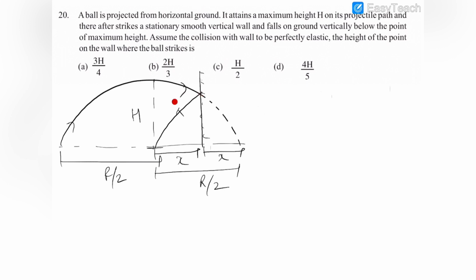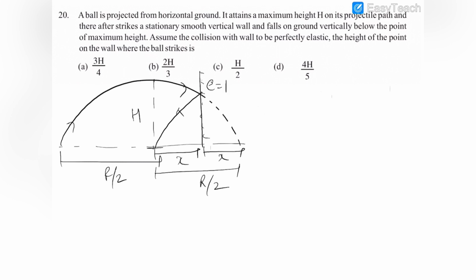And after rebouncing, this ball falls on the ground at a point which is directly below the point at the maximum height. And the maximum height attained by the ball is also h. Now we know that this point is at a distance of r by 2 in the horizontal direction, where r is the range. And this x and this x would be equal because the collision is elastic.